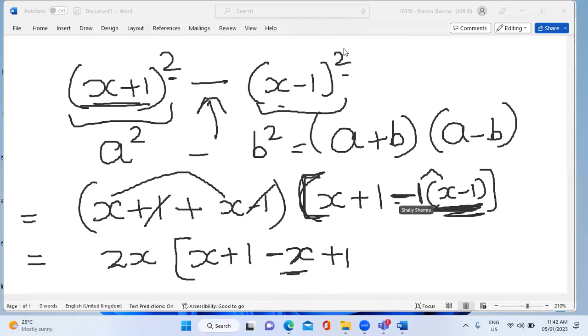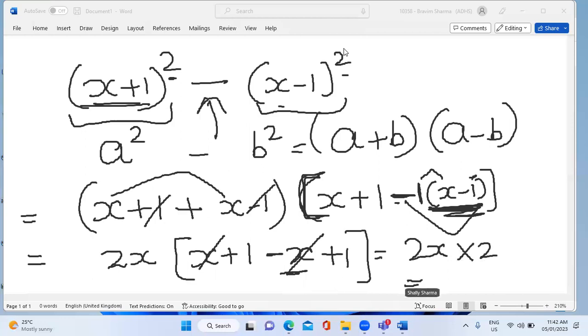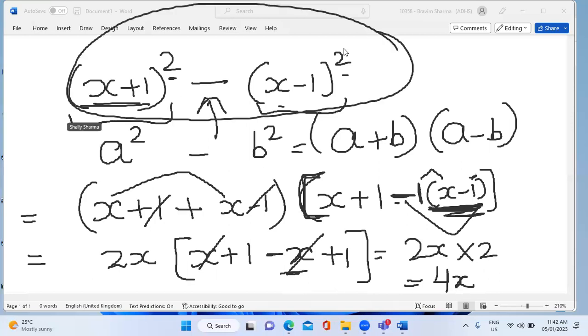And then minus 1 times minus 1 is plus 1. So here x and x would cancel out. So we got 2x multiplied by 2 and that is equal to 4x. So see, this complicated expression can be factorized and simplified and written as just 4x.